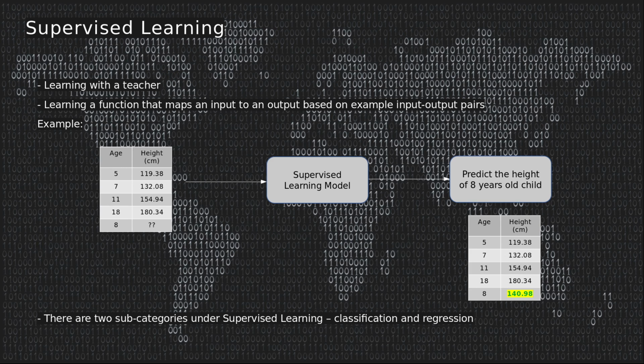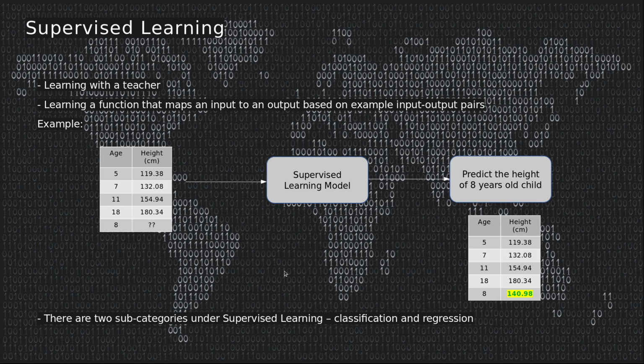After analyzing the other data points that we have, using a supervised learning model, we can identify that the height for a child of around 8 years could be around 140.98 centimeters. So this is how supervised learning works.